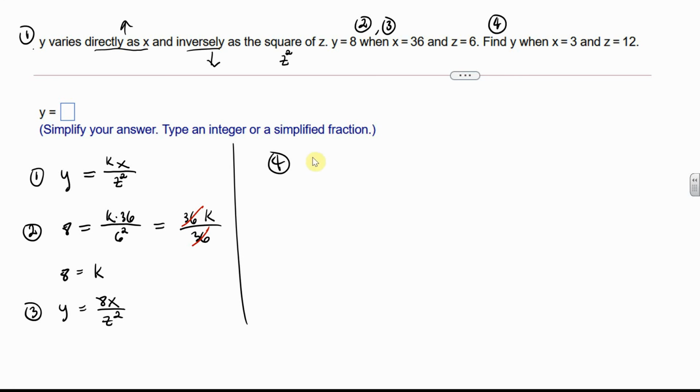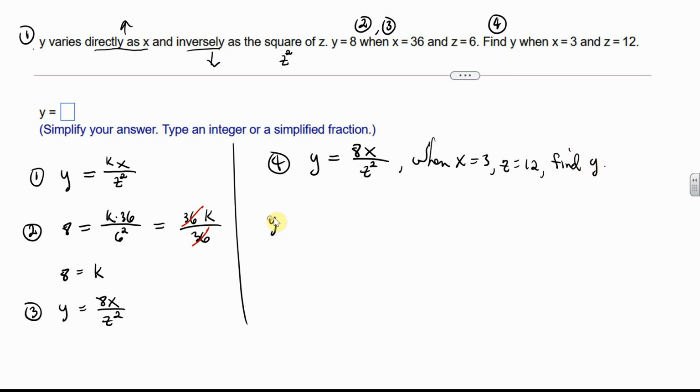So here it says find y when, just rewrite the equation. When x is equal to 3, z is equal to 12, you find what's left. Find y.